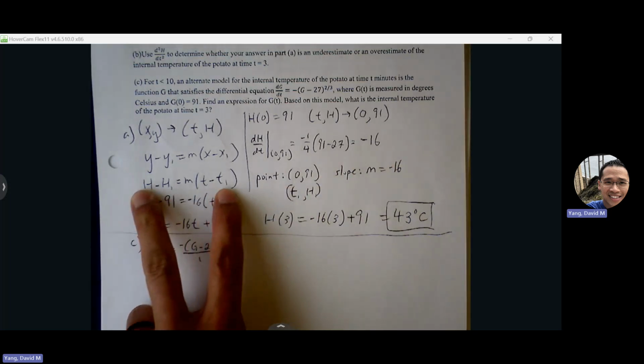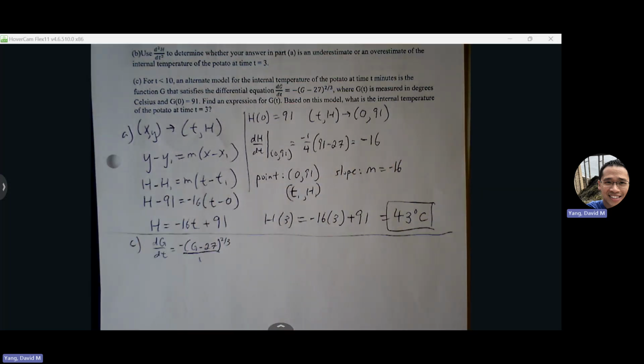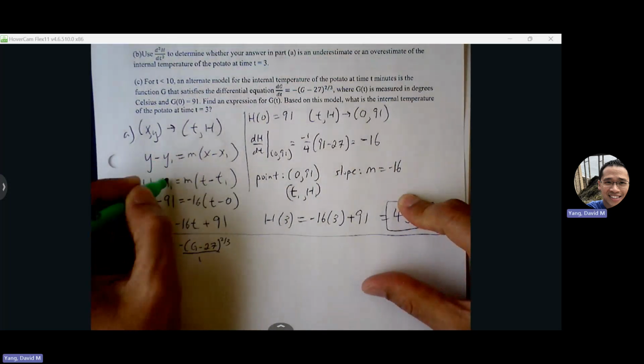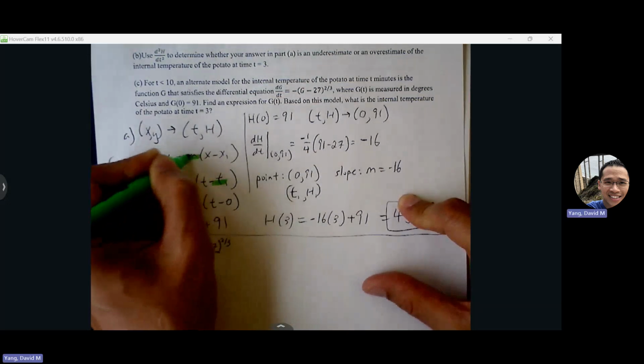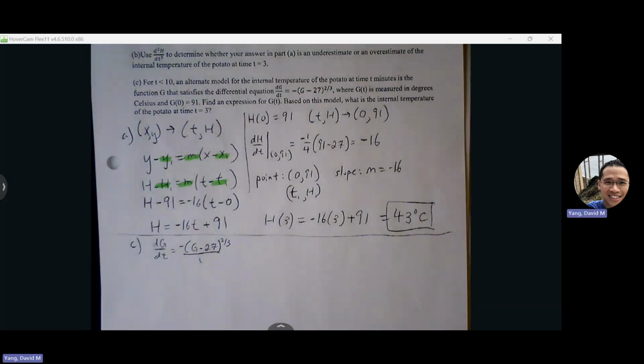So I'm just putting it into my linear equation, and I'm making my replacements in the same places that I would if it was in terms of x and y. So replace t sub 1 with 0, replace h sub 1 with 91, replace m with negative 16, and I solve for h.